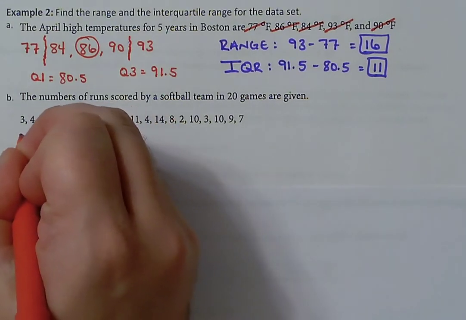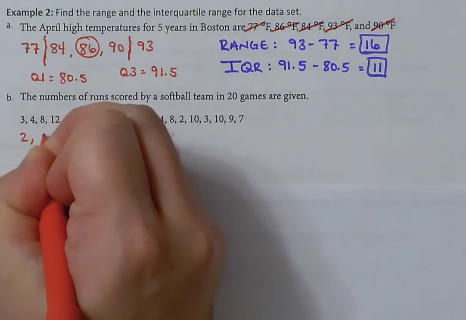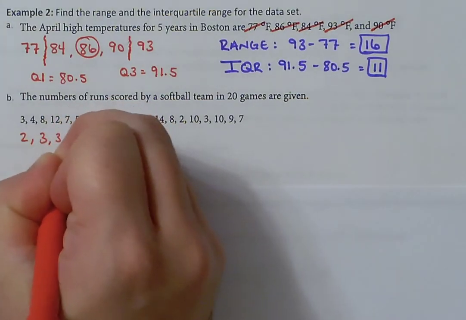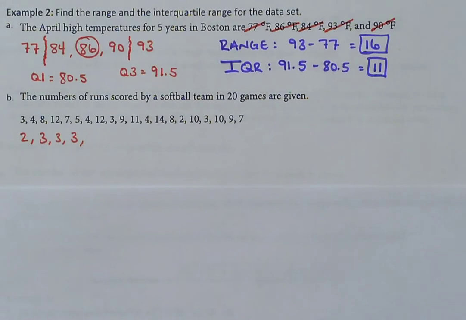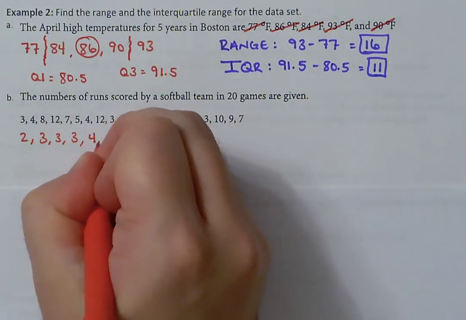So we have 2, and then 3 3s. We have 3 4s.